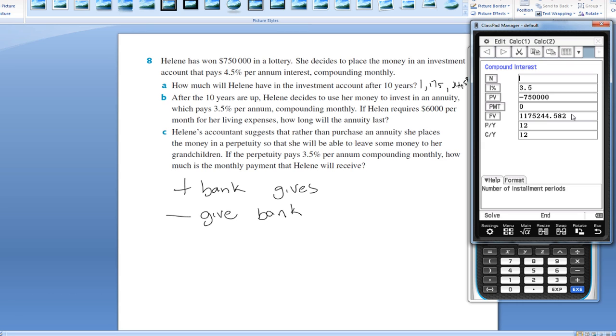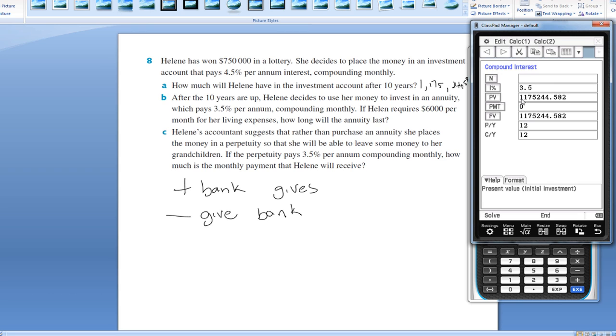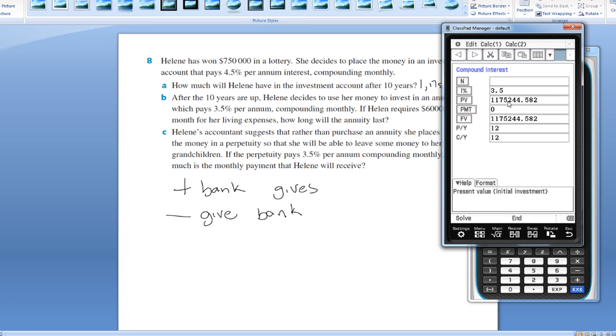Okay. Now, what she's doing is she's investing this $1 million in the annuity. So we're going to go edit and copy and paste that into the present value, because that's what it is. I know that was the value we used after 10 years, but now we're going to say that that is our present value.